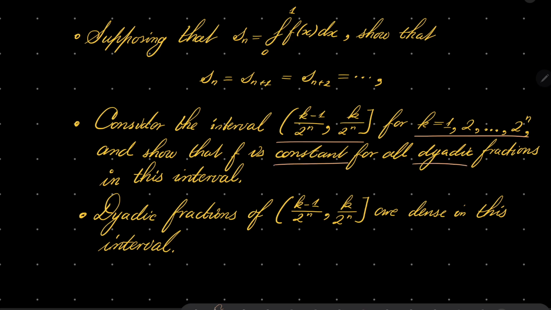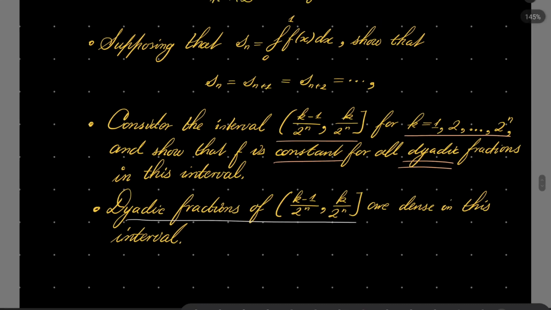If you don't know, dyadic fractions are fractions whose denominators are powers of 2. And also use this powerful fact that the dyadic fractions form a dense subset of this interval. So give this problem a try.